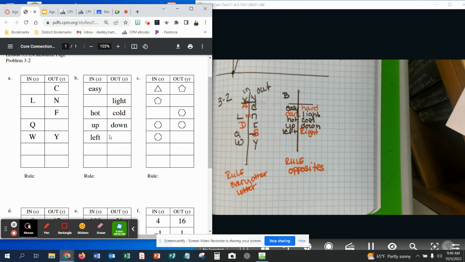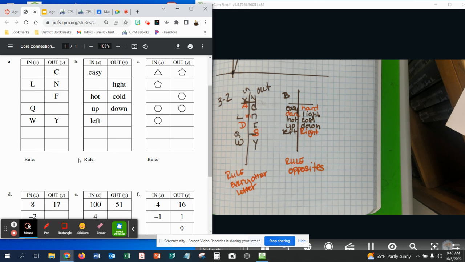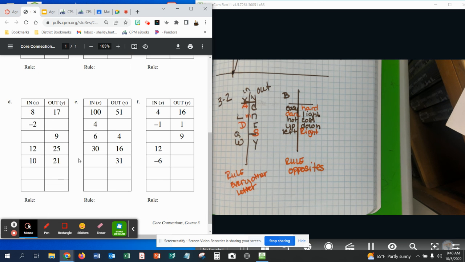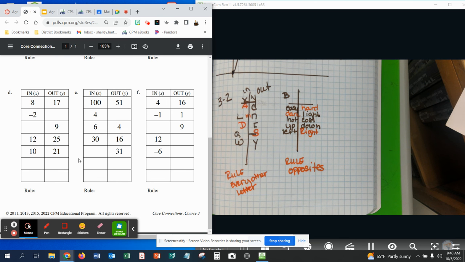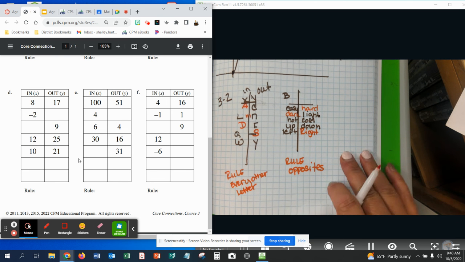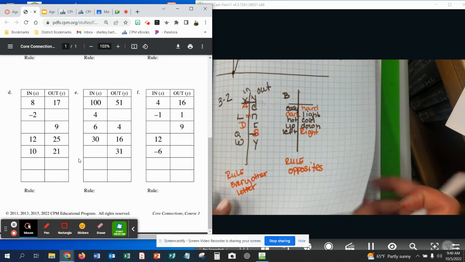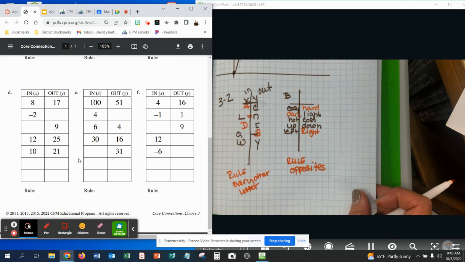All right, I don't want to do C, but I do want to do D. Look at D. We're at numbers now. Let me just turn the page. Are we okay if I turn the page?